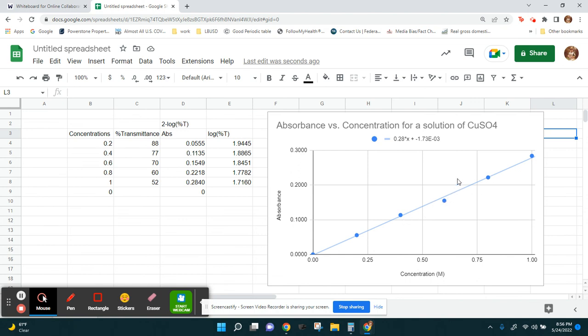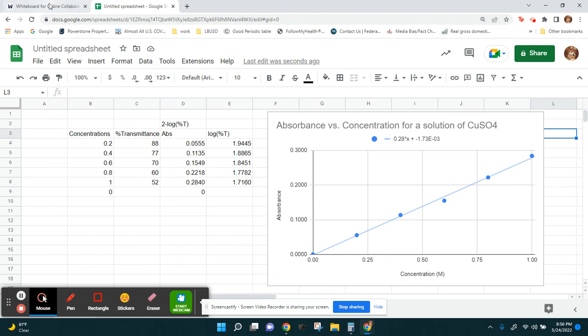In some data, there might be points that go way off the line. So if you put all your eggs in one basket, in other words, if you depend on just the one point, it might be off. By having 5 points, the errors kind of offset each other, and so you get a better line through the points. Okay.